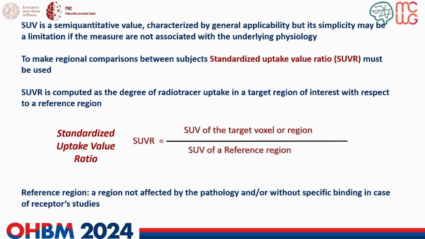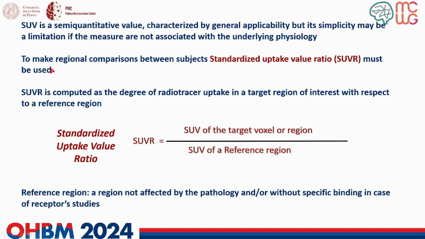If you compare healthy and pathological, for instance Alzheimer's disease, you have to be sure that the reference region is not affected by the pathology. Otherwise, you have a bias inside your data. Or, with neurotransmitters, the reference is assumed to be without specific binding, without specific receptors, without the GABA system, for instance, for GABA studies and so on.